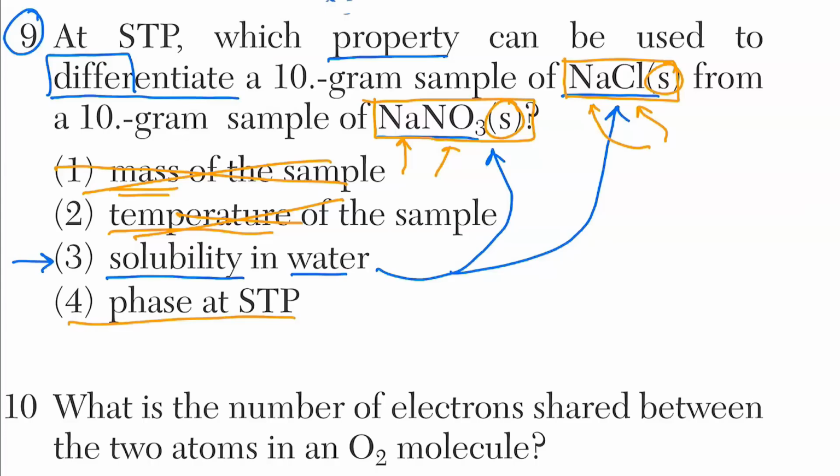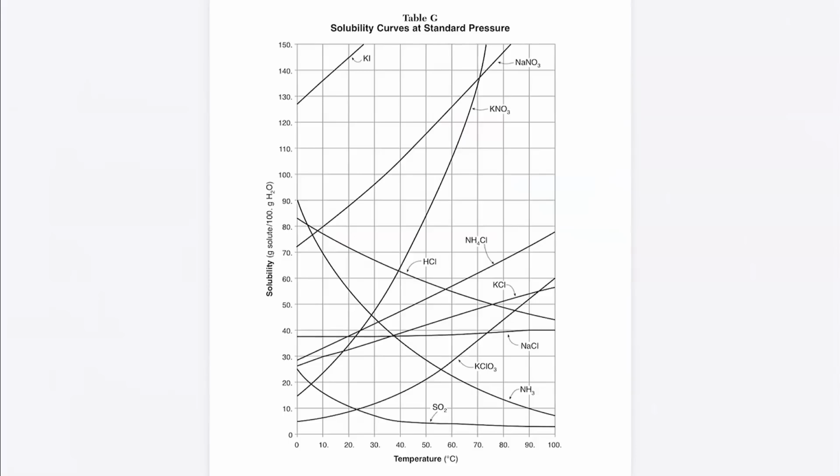By the way, you have a reference table, table G, that shows you solubility curves of how well these compounds dissolve. I'm going to show you anyway, whether you like it or not, onto table G. So here is table G in all of its glory. We can see sodium nitrate has this curve right here as I write over it.